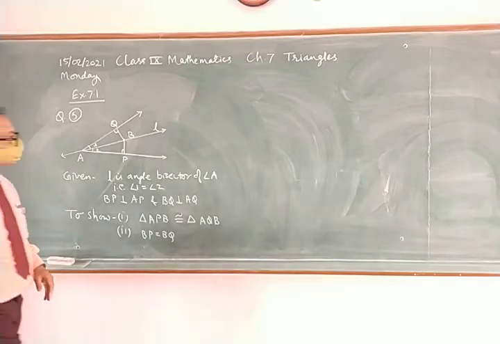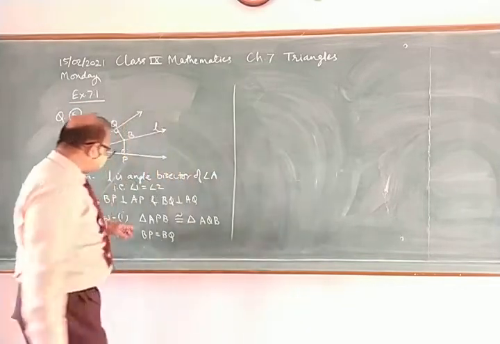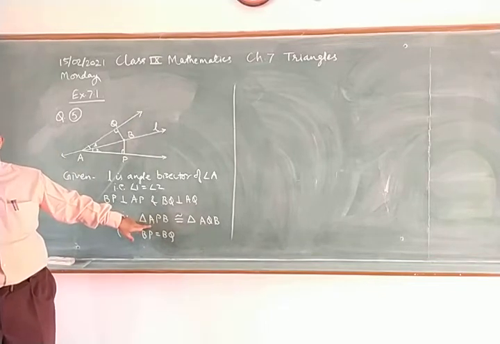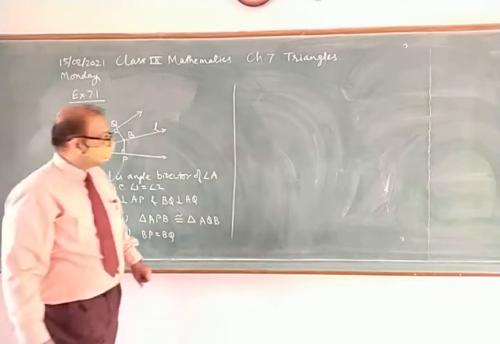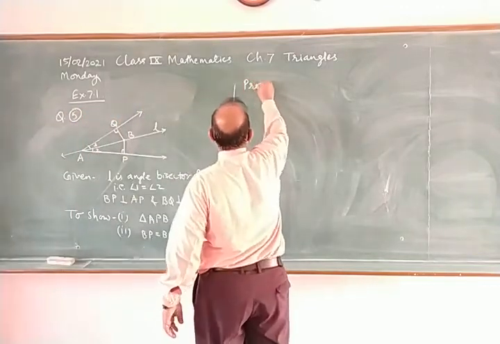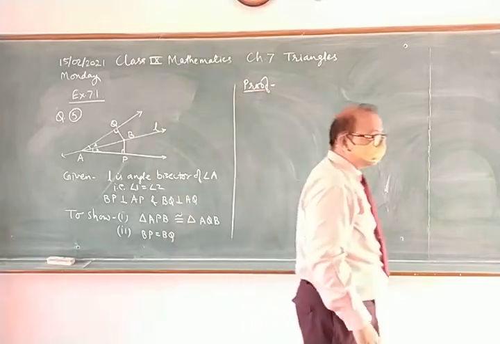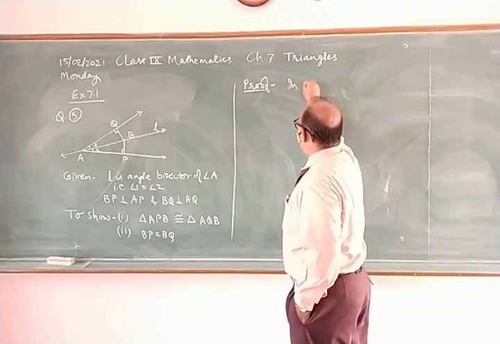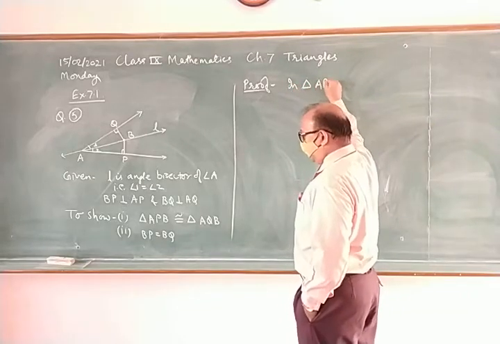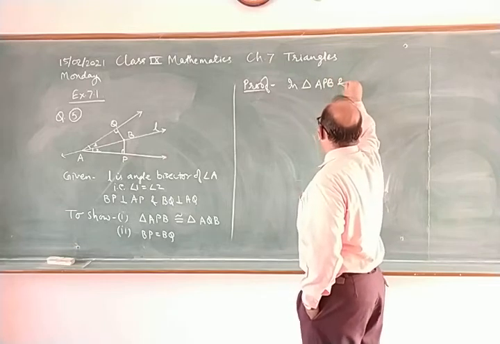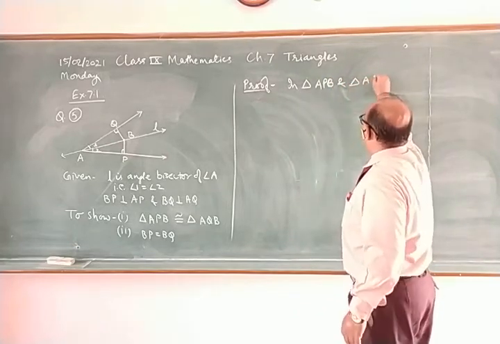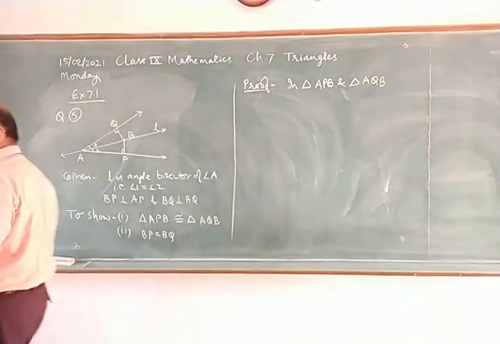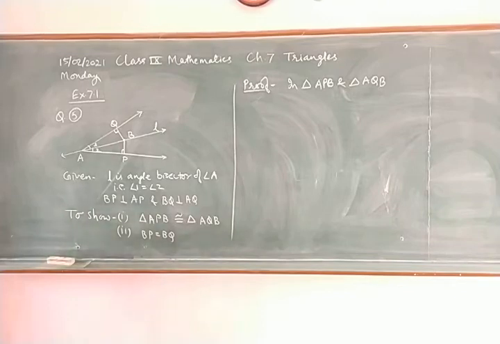To prove this, we have to prove triangle APB congruent to triangle AQB. The proof is in triangle APB and triangle AQB. Now, when you observe these two triangles, what do you observe?